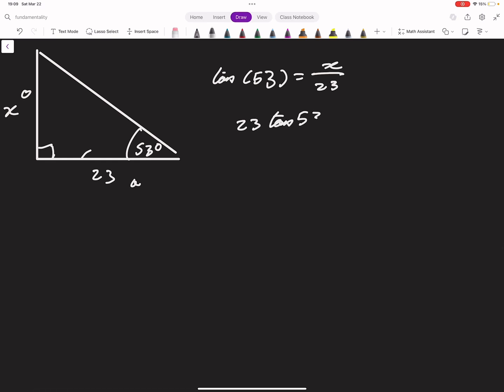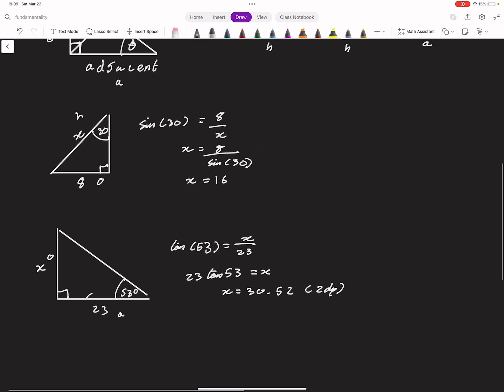23 tan 53, tan of 53 equals x. Okay, so then you plug that into your calculator and you get x equals 30.52 to 2 decimal places.